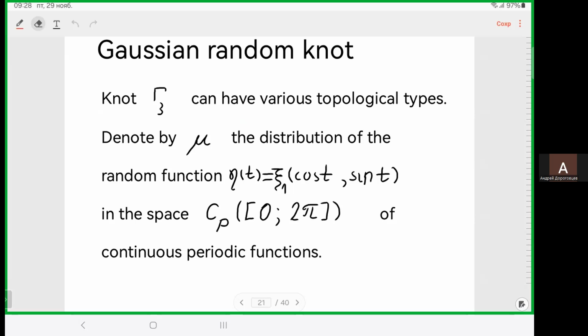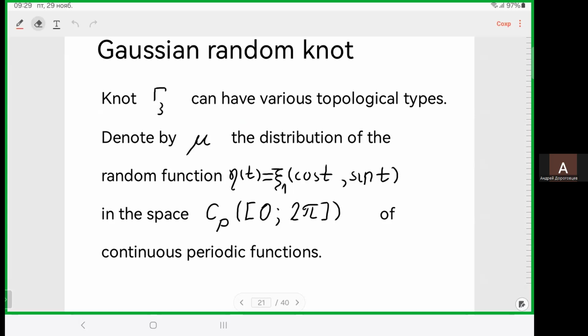So one can ask, how complicated can our random knot be? And the answer is the following: as much as you want. So with positive probability, we can have a topological type of any complexity.